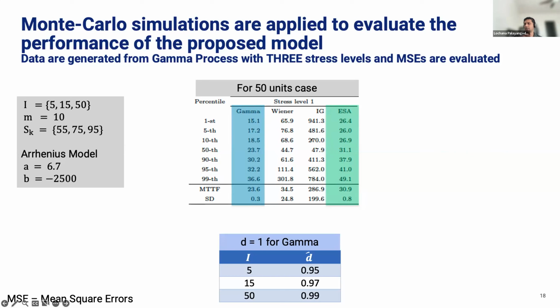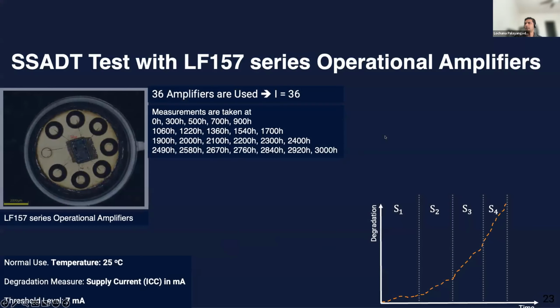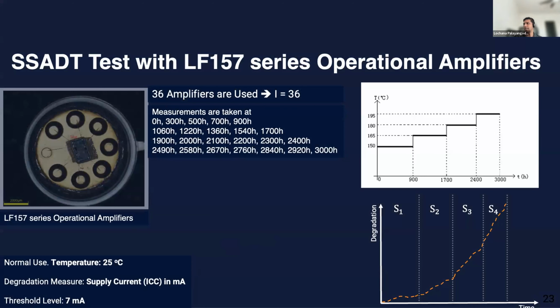We did several other simulations too. If you are interested, I can show you them later. And then we applied this to the operational amplifier dataset. In that experiment, they started at 150 degrees and increased the temperature systematically to 195 as step stress degradation data.